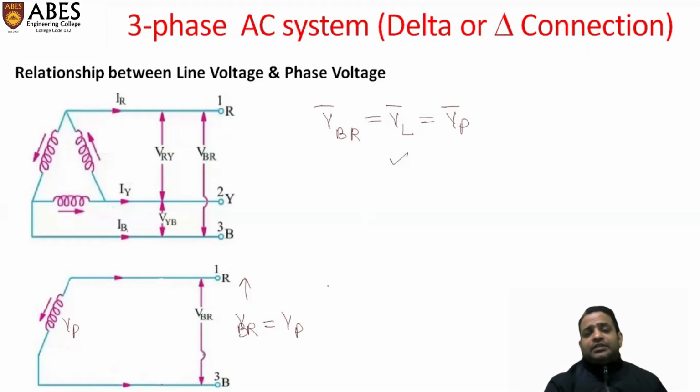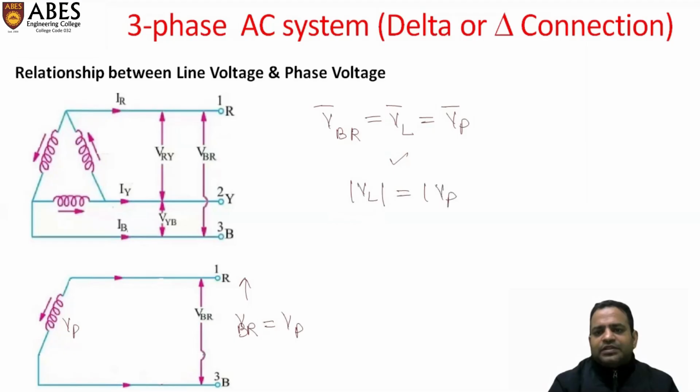So these three line and phase voltages are equal. So we can say that our line voltage is equal to phase voltage in delta connection. This is our first relationship.